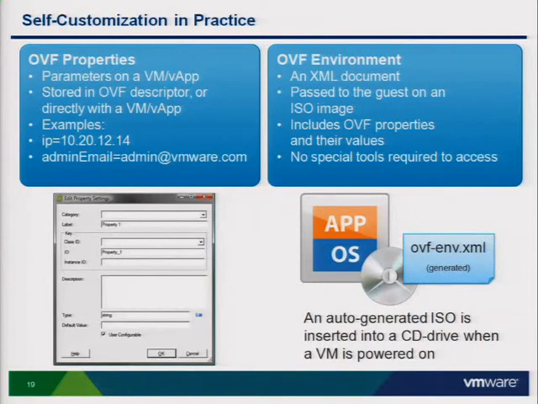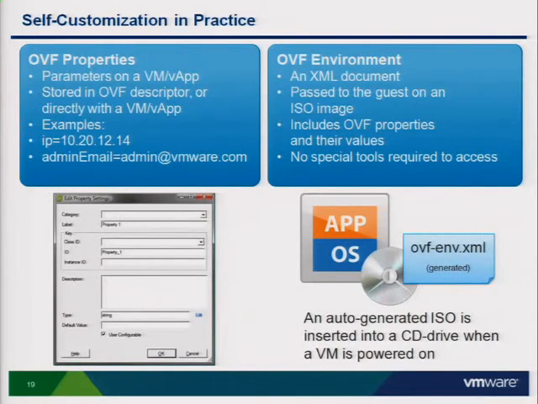And then the second piece of the puzzle is how to get these values into the guest, to the agent. And that's where we use what is called the OVF environment, which is actually part of the OVF standard. And that's an XML document. And that's getting put into the guest in a very low-tech mechanism, which is the CD drive.